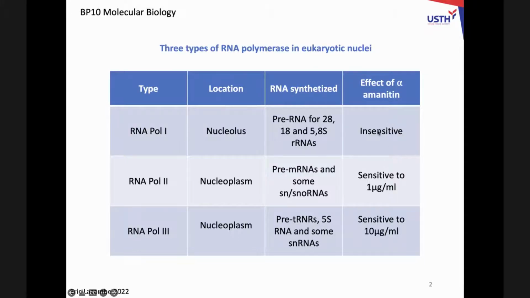For example, Pol1 is not completely affected by this drug, and there are different doses that can affect the sensitivity of Pol2 and Pol3. It's just to show you that using drugs is very, very common in this type of research, because when you use alpha-amanitin at different concentrations, you can separate the transcriptional activity between Pol2 and Pol3 and so on. So it's something that has been very frequently used.